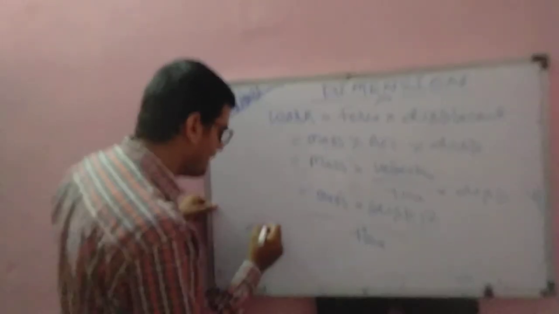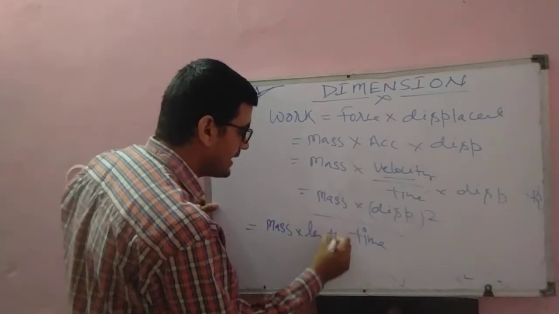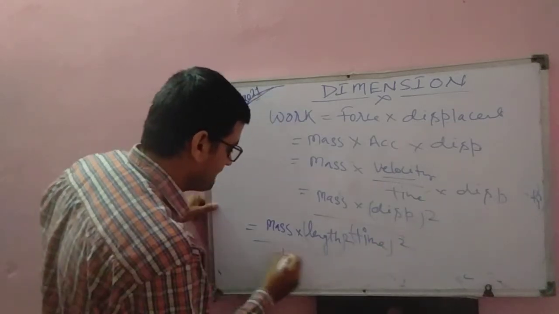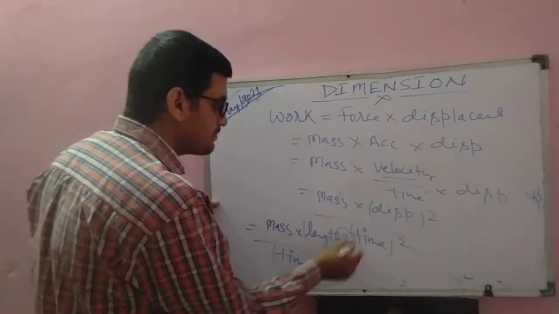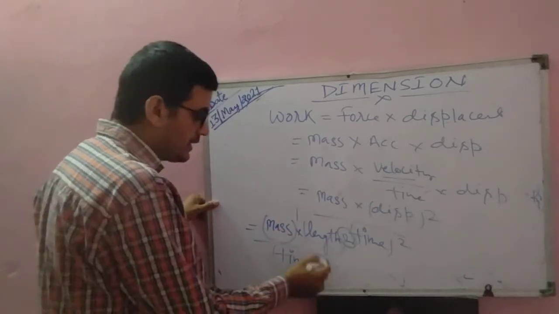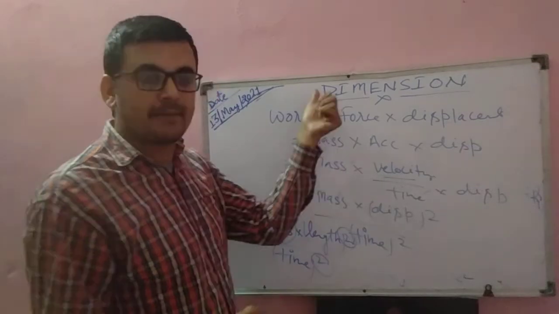So mass into length square upon time square. So these powers mean mass power 1, length power 2, time power minus 2. These powers are called dimension.